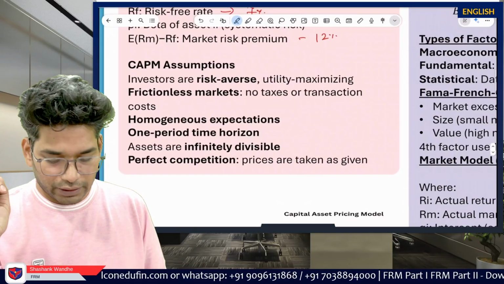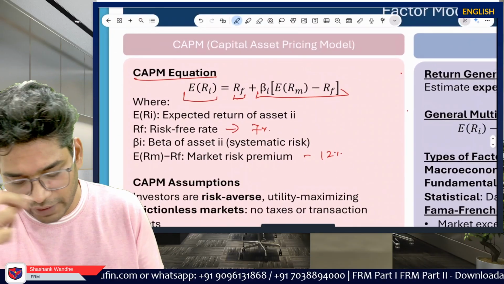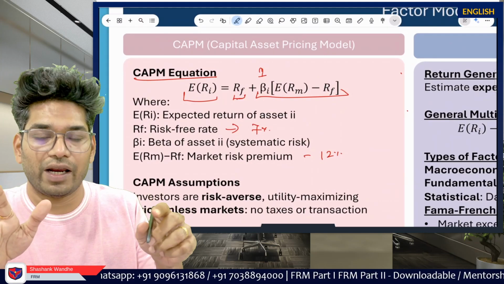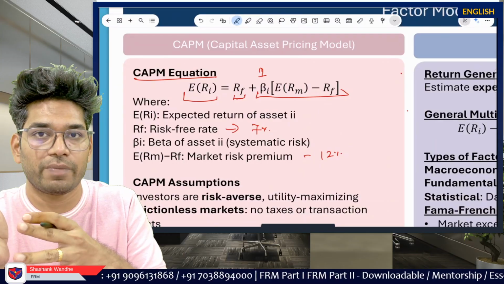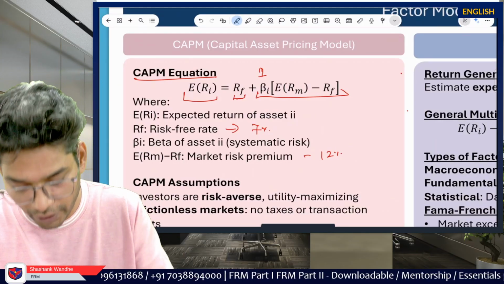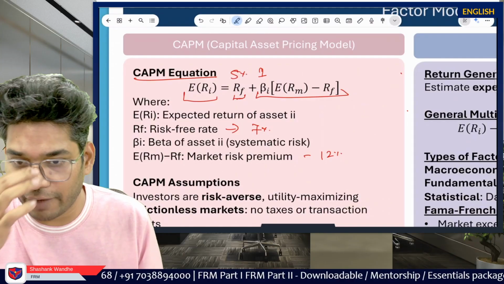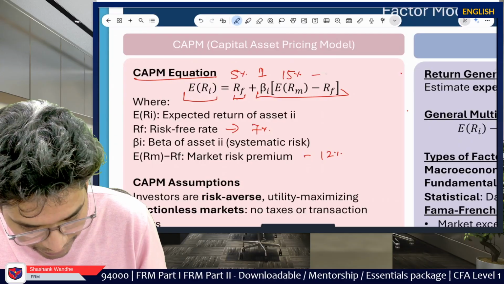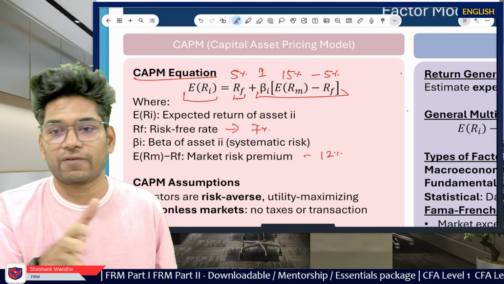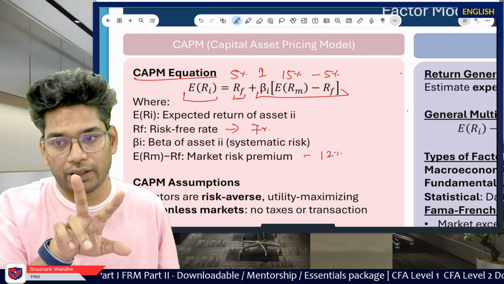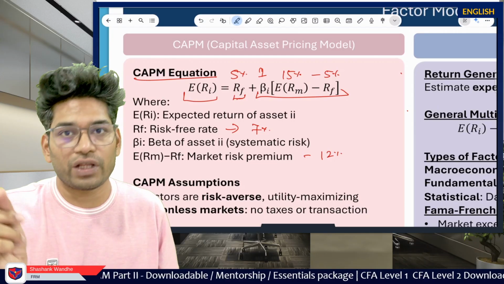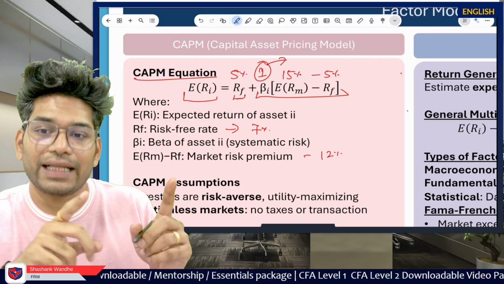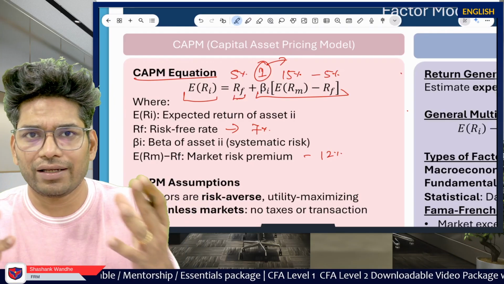RF is the risk-free rate. Fine. Now, if the beta is equal to 1, this CAPM equation explains why your expected rate of return should be equal to the market return. For this, we will assume RF is equal to 5% and the market return is 15%. If your systematic risk is equal to the market risk, that is beta equal to 1, we all understand you should get a return equal to the market.